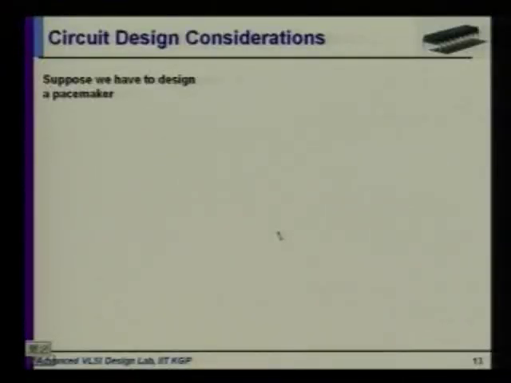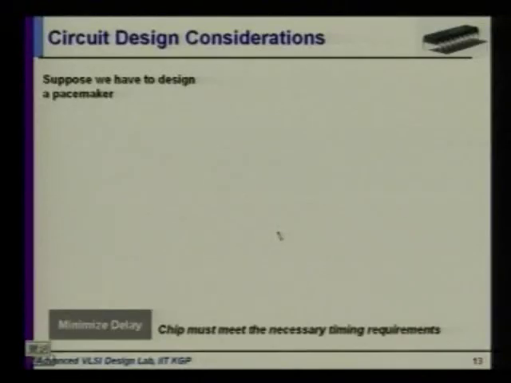So, let us look at what are the broad considerations, what do we want to optimize when we want to do a VLSI chip design. Let us take a very niche example, suppose we want to design a chip for a pacemaker.